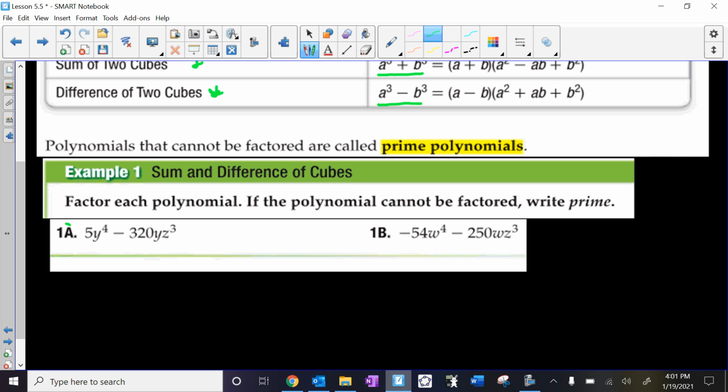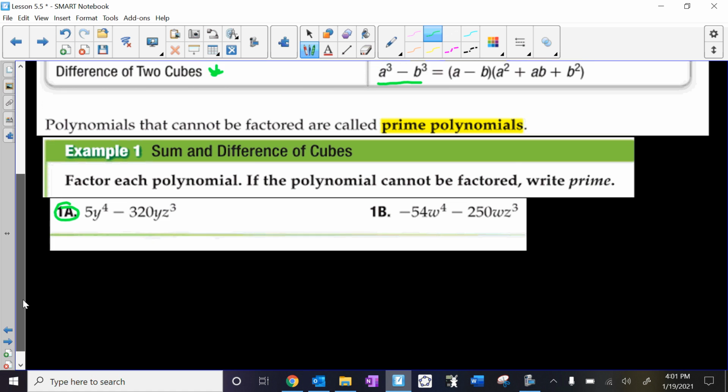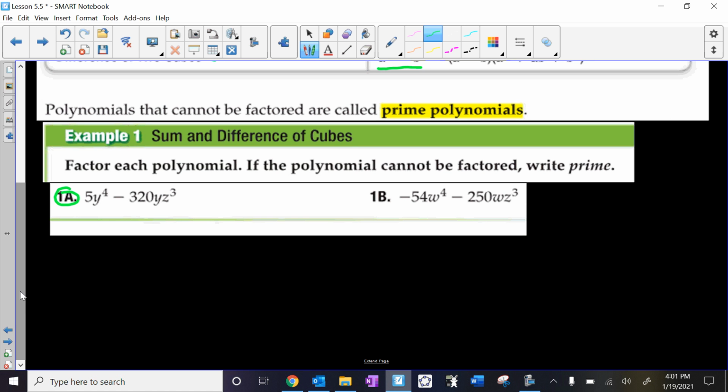I'm going to look at 1a. Okay, in 1a, the very first thing that you would want to look for is a greatest common factor. No matter the type of factoring technique that we use, we always look for a greatest common factor first. So between the two terms, I notice that we can take out a 5y from both terms.